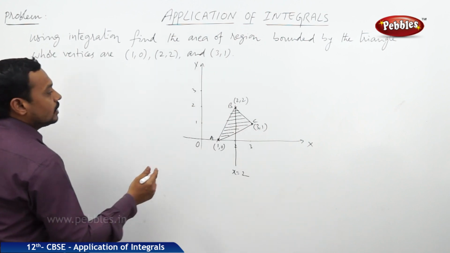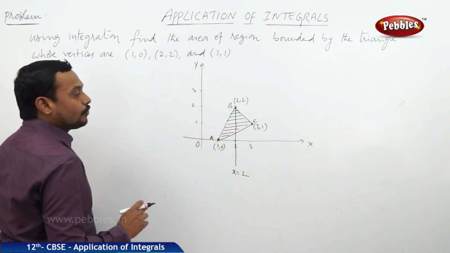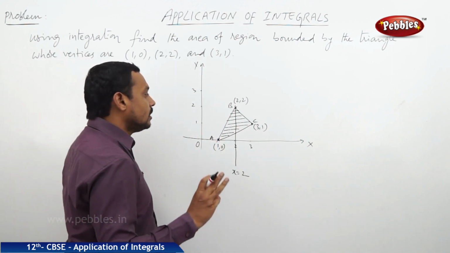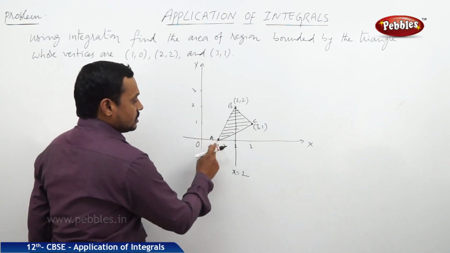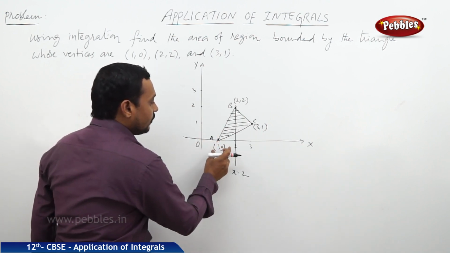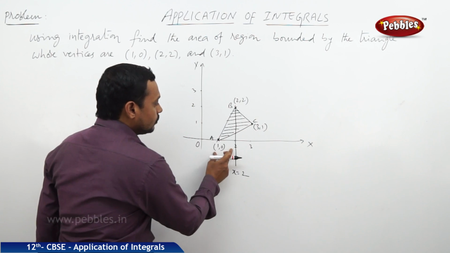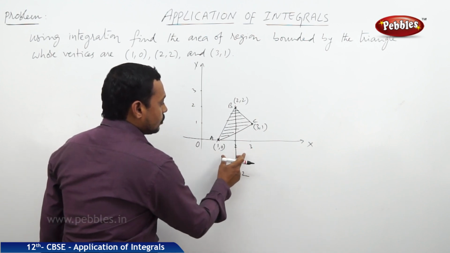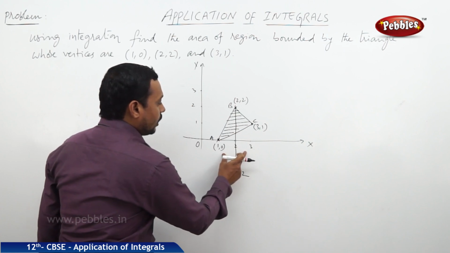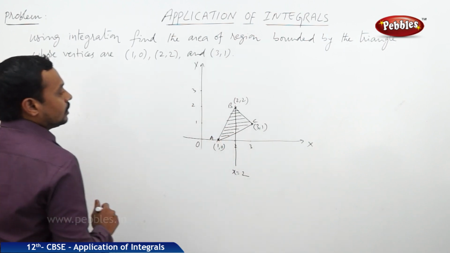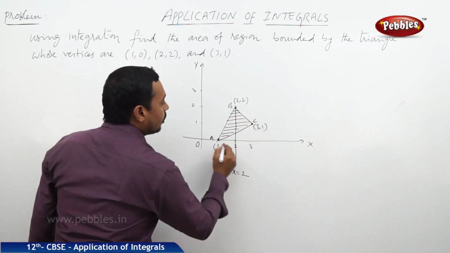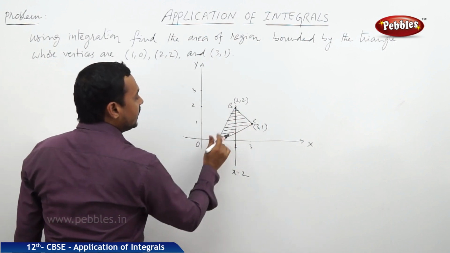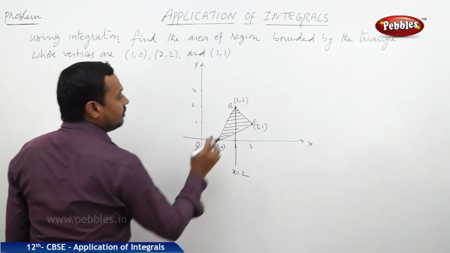So here we have to find the areas in three regions. One is the area between 1 to 2 and the area between 2 to 3, and also find the area between 1 to 3. So before that we have to find the straight lines passing through these three vertices.